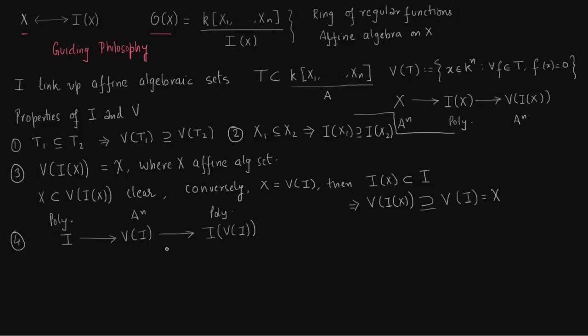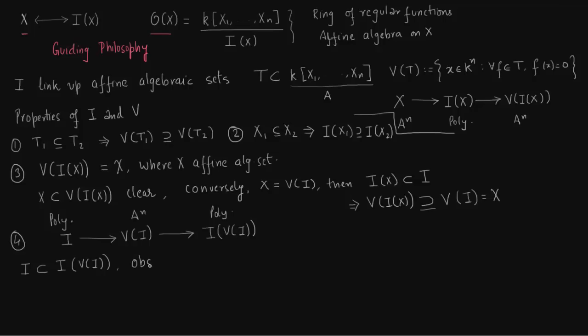Now I is obviously included in I of V of I. For all these inclusions, the best way to prove them is through contrapositive or by contradiction.